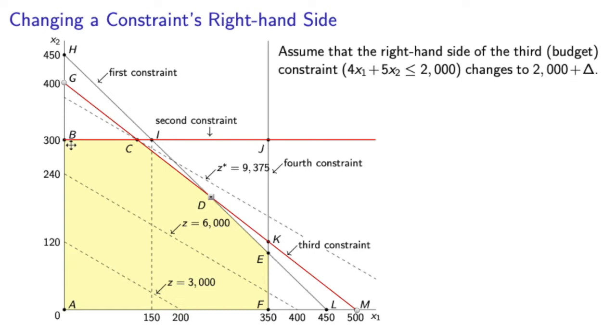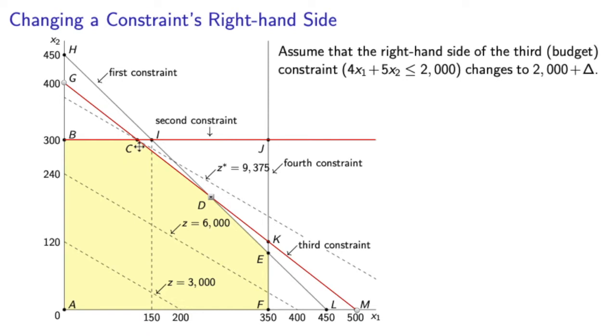Similarly, let's say the point B will be defined by the intersection of the line where x1 is equal to 0 and the second constraint, and so on. So every corner of the feasible region is defined by the intersection of two lines defining our feasible region.